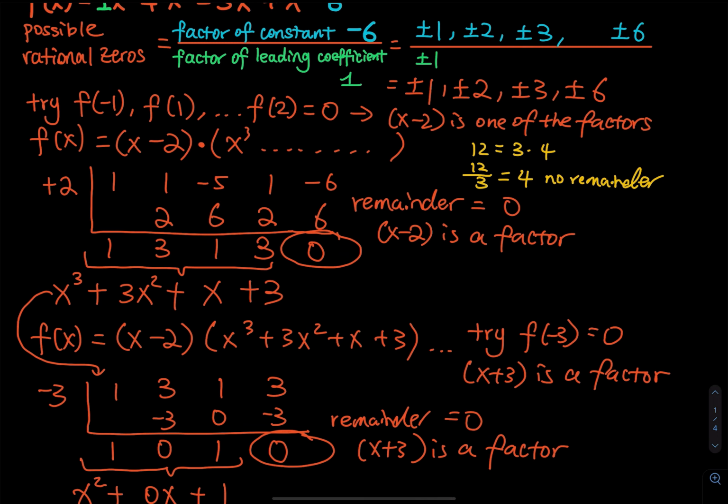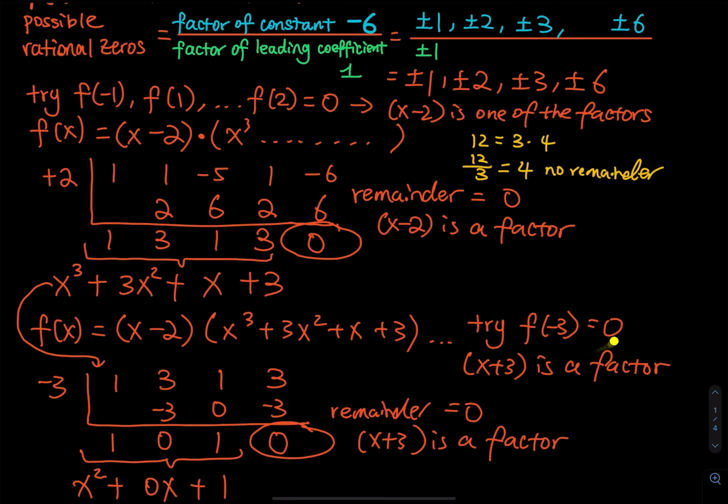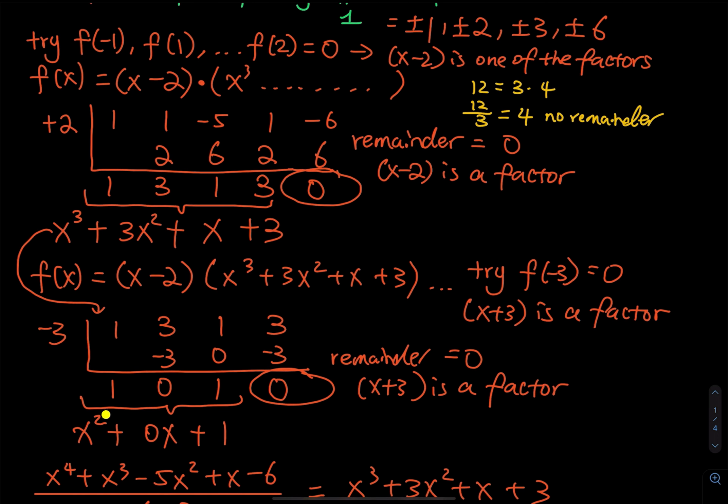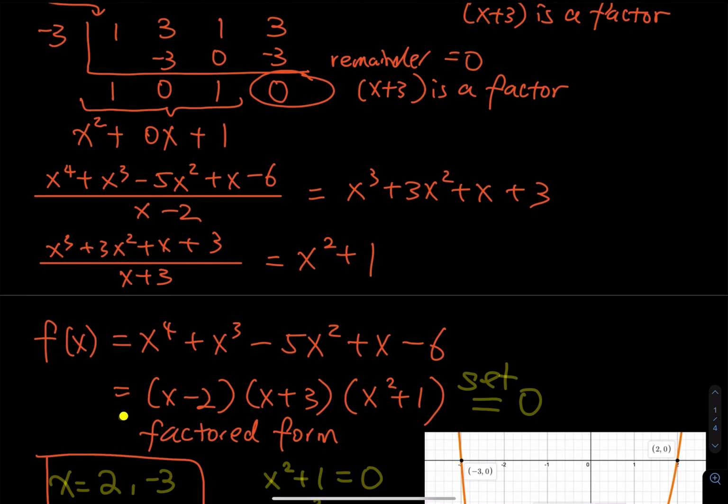You perform synthetic division to reduce the polynomial from 4th degree to 3rd degree, and then you find another one, perform synthetic division, reduce the polynomial from 3rd degree to 2nd degree, and then you can draw a conclusion. This cannot be factored, so we reach our solution.